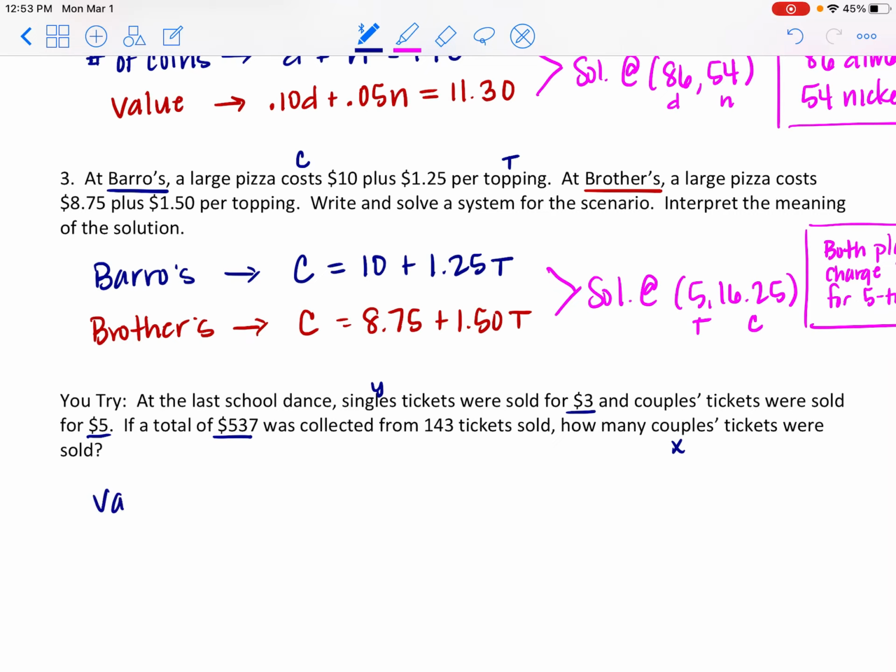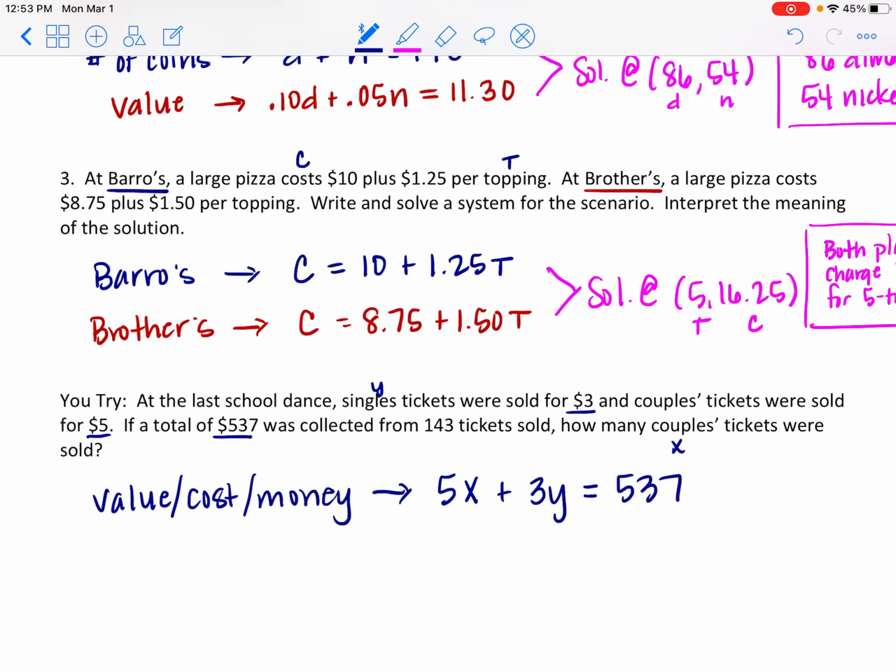So let's make another value equation here, or cost, or money equation. We said couples will be X, so it is $5 per couples ticket, plus $3 per singles ticket, and they collected a total of $537.